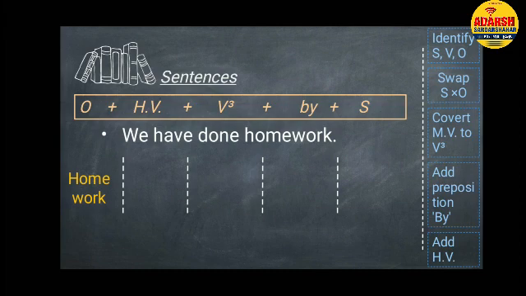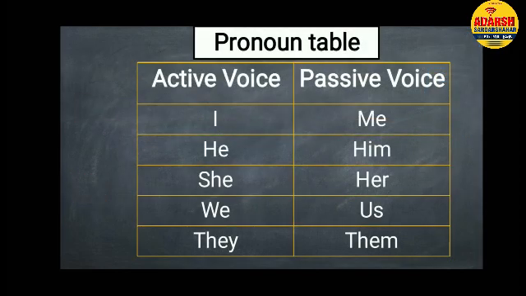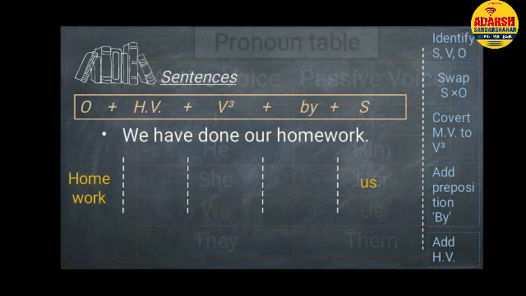But if you noticed here that our subject is a pronoun, and I have cleared this in my previous video, that if our subject is a pronoun, then conversion will be like I as me, he as him, she as her, we as us, they as them. Here our subject is we, so it will convert as us. So here we put us.